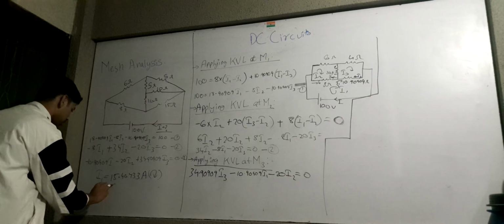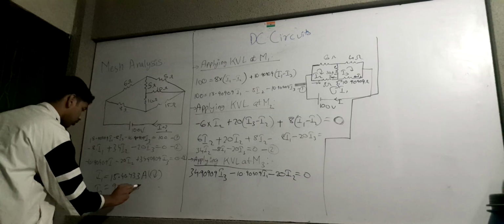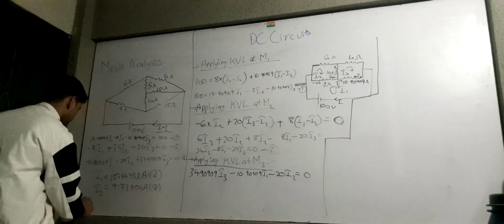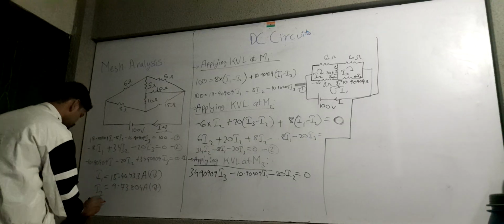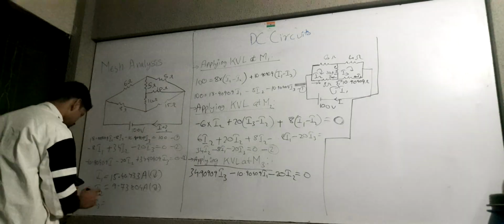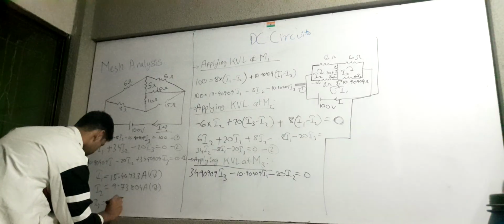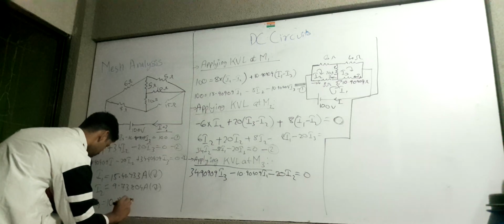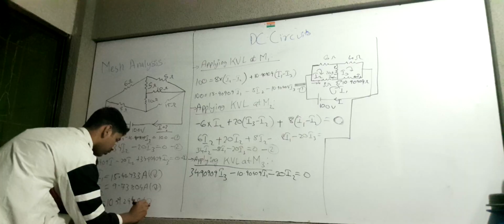I2 is equal to 9.73804 ampere, which is again clockwise, and I3 is equal to 10.93924 ampere, and that was again clockwise.